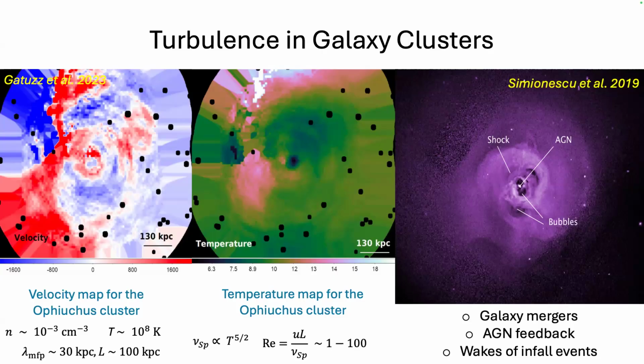So that goes as temperature to the 5/2. And this is an extremely hot plasma, which makes the Spitzer viscosity extremely large, and therefore the kinetic Reynolds number of the intercluster medium extremely low. And what a low kinetic Reynolds number means is that it's going to start suppressing any kind of turbulence that is injected into this cluster.